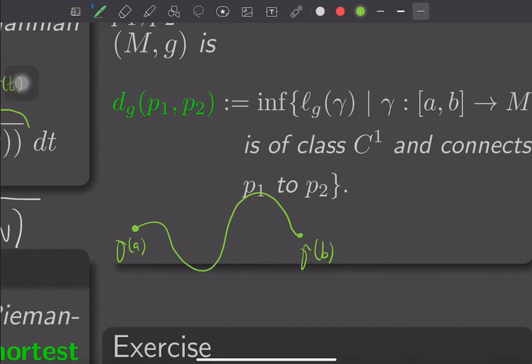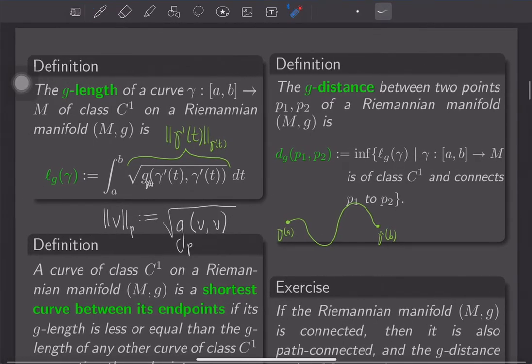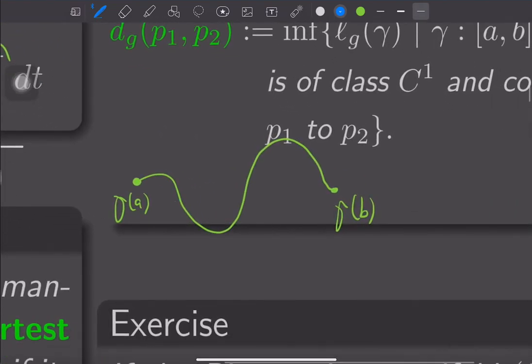Well, I can approach it as we did in calculus of several variables: the interval AB, you can partition it in finitely many segments, and the points of the partition, you map them, and then you have their images.